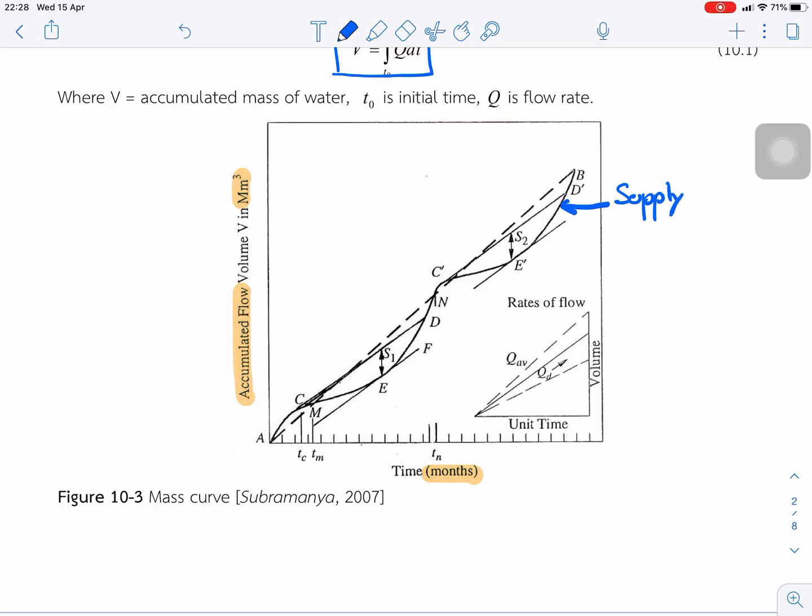So we can draw another one, which we call the demand curve. So we start to build the slope first. So this one is the demand slope. Okay, demand slope. And next we compare between the demand slope and this, which is the supply slope.